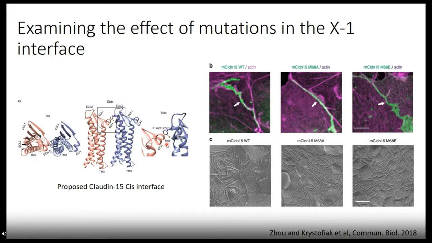However, when we examined this methionine, we found that when you mutate it to either alanine or glutamic acid, it doesn't really make a difference in strand formation. So we can see by confocal that we have tight junctions forming in these cells. And then when we do the freeze fracture on these cells, we can see that the strands themselves look pretty similar to the wild type. So this suggests that this particular residue is not that important.